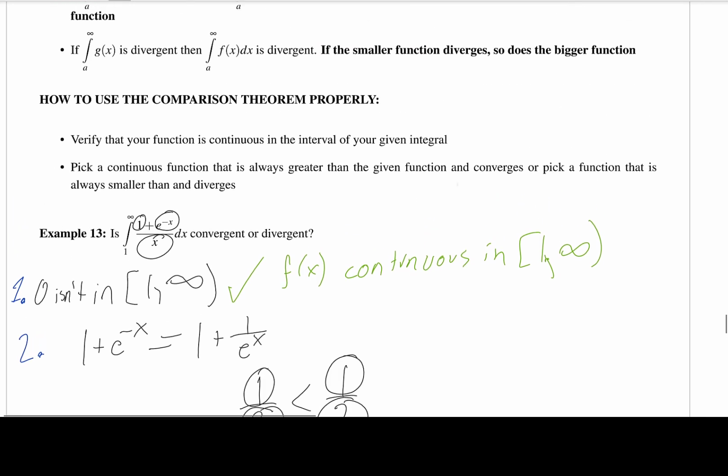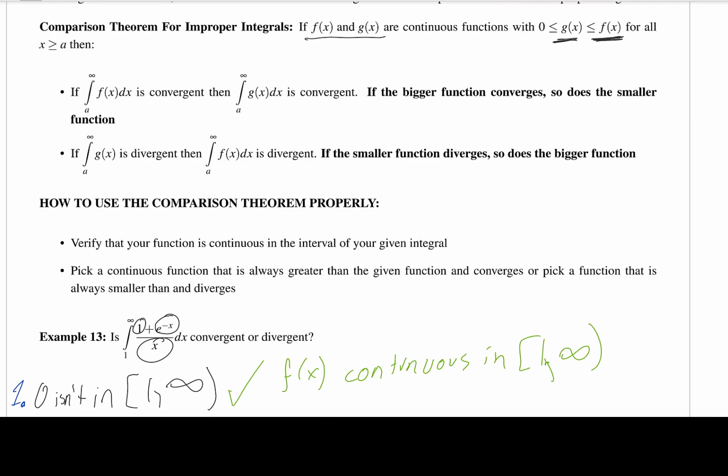So I'm going to write this down, because this is very important for this section. Bigger denominator means smaller fraction.